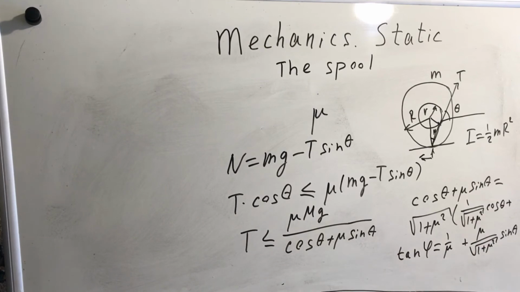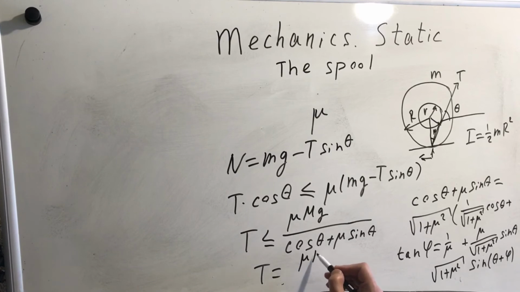And in that case, the whole expression has the same value, root of 1 plus mu squared multiplied by sine of theta plus phi, where tangent phi equals 1 over mu. And the maximum for this expression is, of course, when the sine equals 1. So that will be T equal to mu mg over root of 1 plus mu squared.